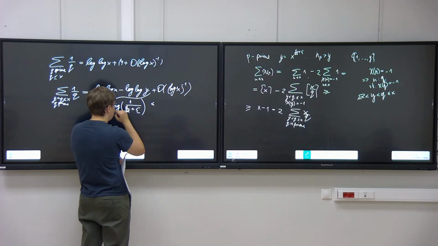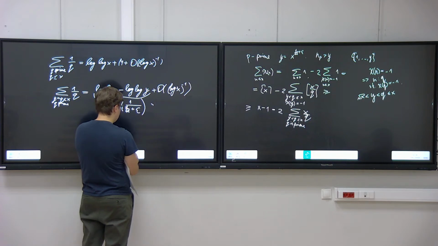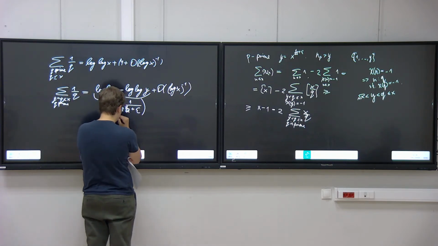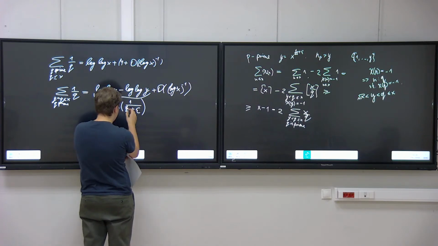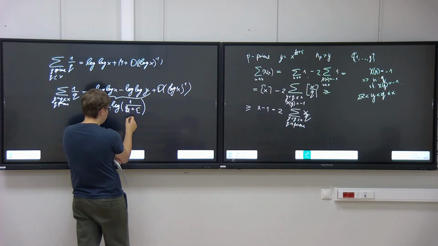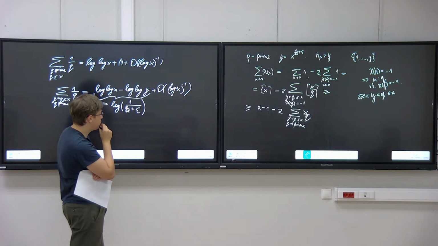Меньше 1/2. 1 делить на корень из e, это меньше, чем 1/2. Логарифм корня из e это 1/2. Значит, получилось меньше 1/2.